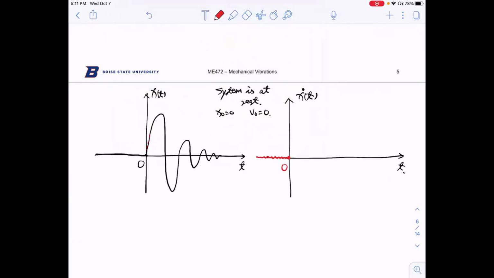It's initially a positive value, and then gradually decreases back to zero. At this point, your velocity is 0, and then becomes negative velocity, and then returns back to 0. And then your velocity will be something like this. Make sense? Yep.